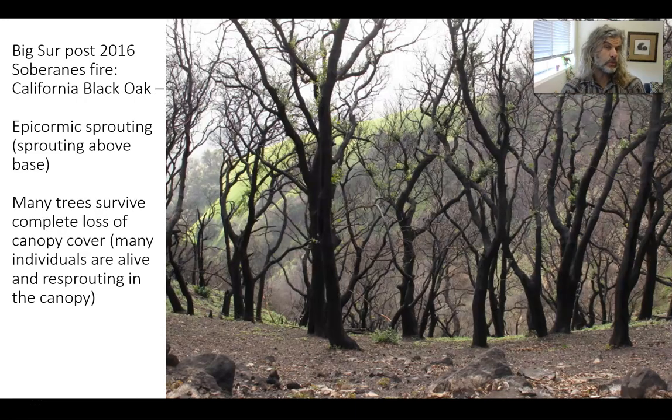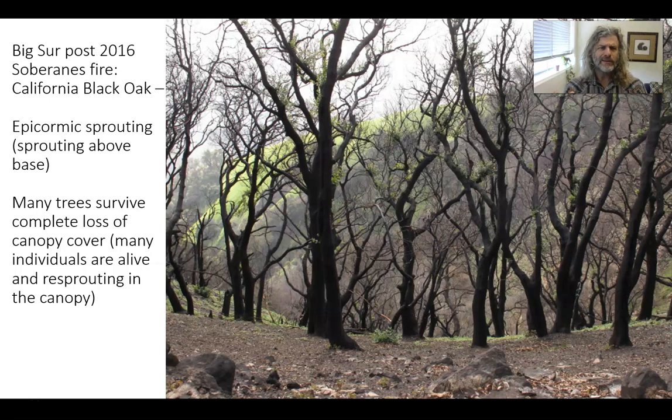This kind of resprouting reestablishment occurs in two ways. It can occur basally, from the base of the tree through basal sprouts, or it can occur epicormically. And this is a photograph of California black oak, where all of the foliage has been burnt off these trees, but the canopy is rapidly reestablishing as buried buds within the branches and boles of these trees are growing out and reestablishing the canopy.